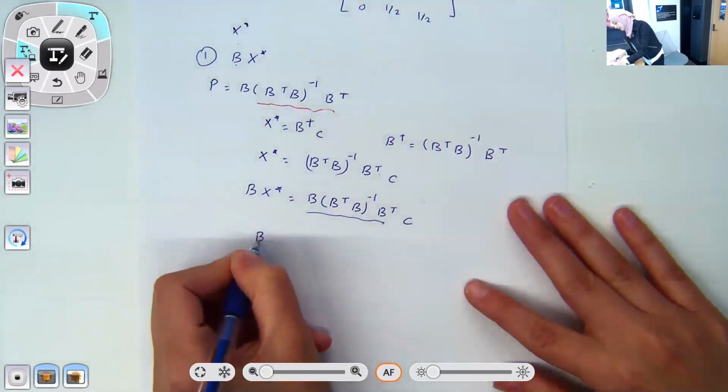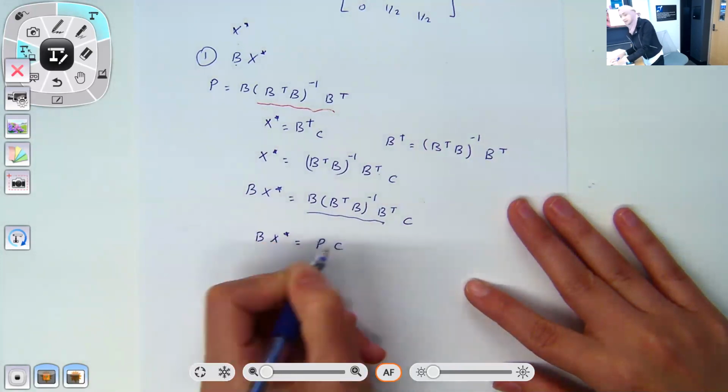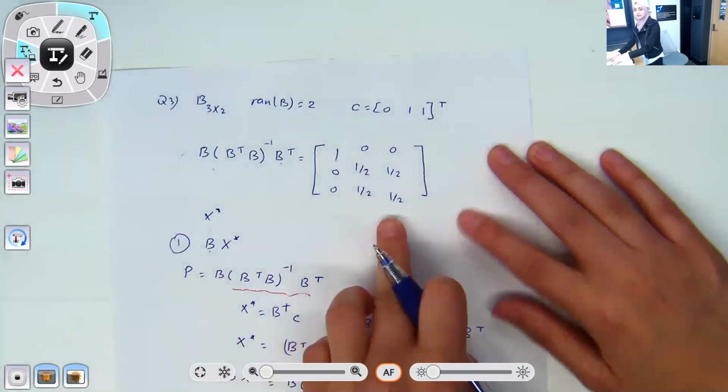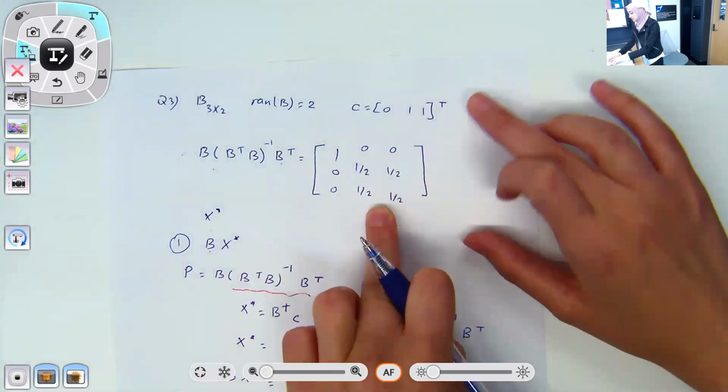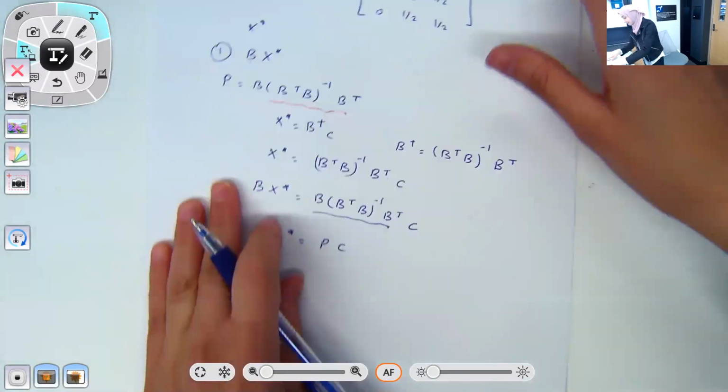So B multiplied with X star equals the projection matrix multiplied with C. So we just need to multiply this matrix with this vector to find the value of Bx star.